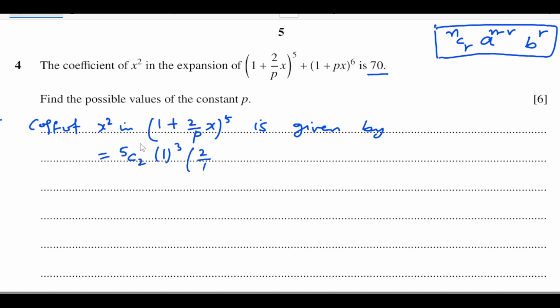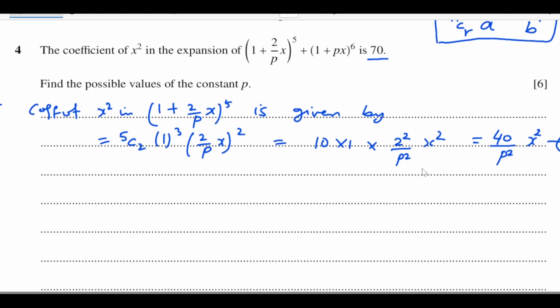Then it will be (2 over px) power r, which is 2. So 5C2 is 10, times 1, into 2 squared over p squared x squared. We will leave x squared for the coefficient. So this becomes 4 times 10 is 40 over p squared. I will take it as equation 1.